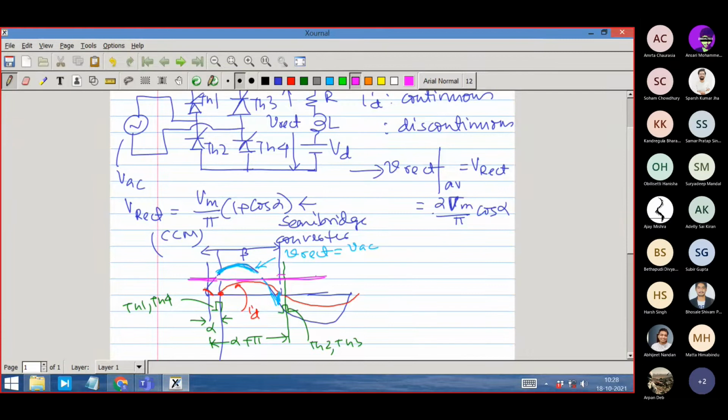So what will happen? The moment it has jumped, it will go to the level of VD. So it will look like this. I will draw with this color. It is jumping and going to the level of VD, and then staying there, for how much duration? Till the firing of TH2 and TH3 happens.